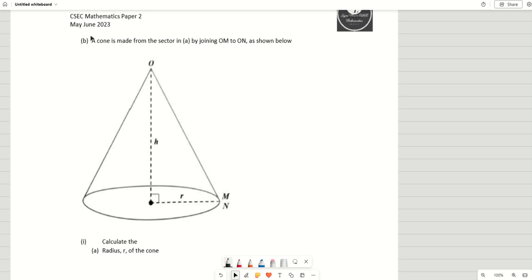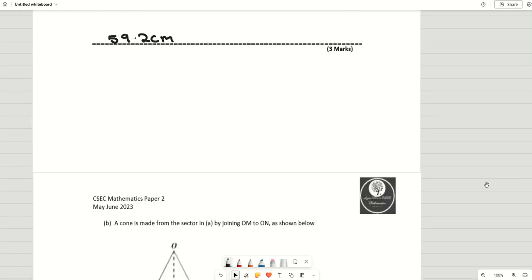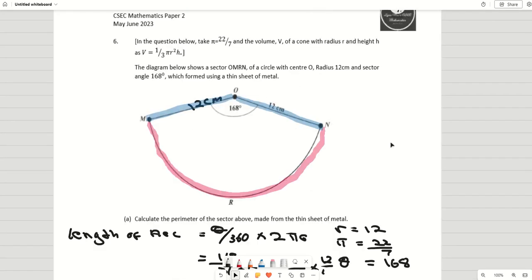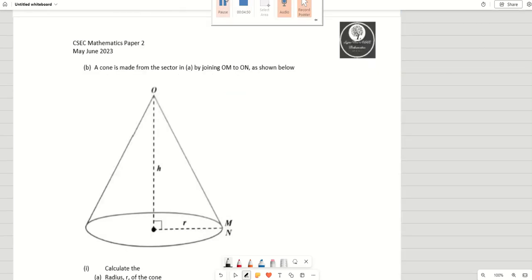Let's read part B. Part B says a cone is made from the sector above in A, with OM and ON joined. So basically, they join the two blue parts. Let me show you what happened.